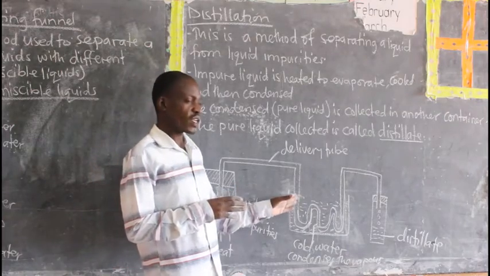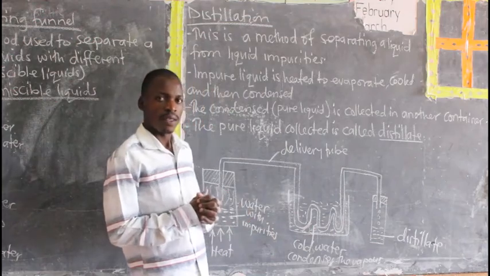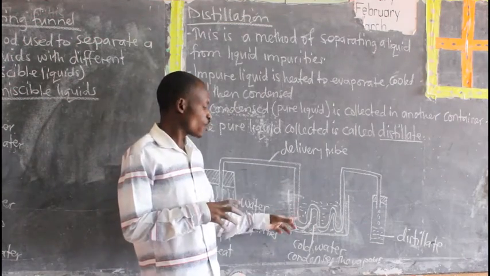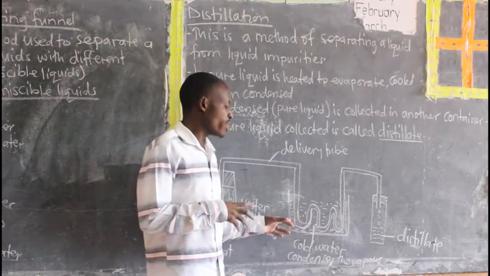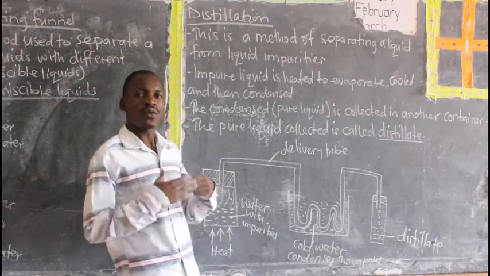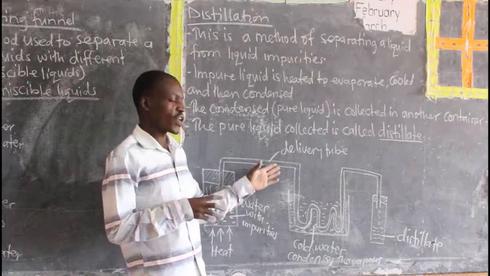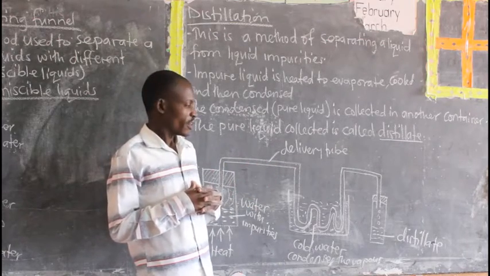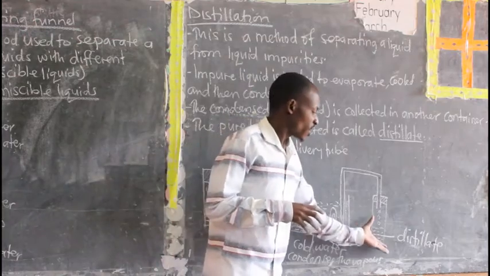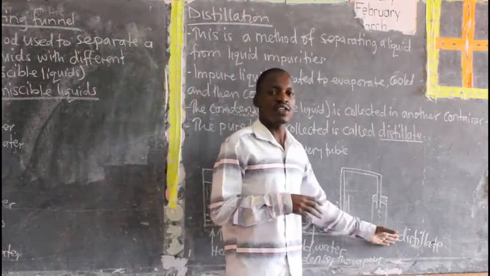That's why the delivery tube is passing through cold water. Now, why is the delivery tube coiled? It could be straight, but it is coiled only to increase the surface area for condensation of the water vapor. The scientific name given to the water collected here is the distillate.